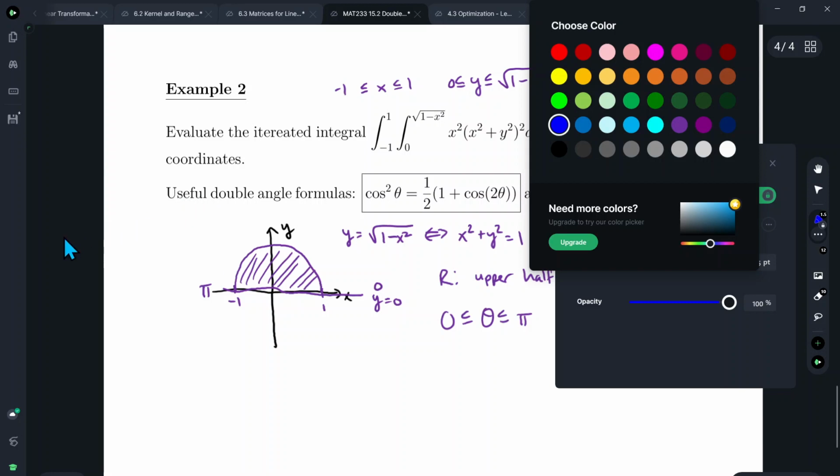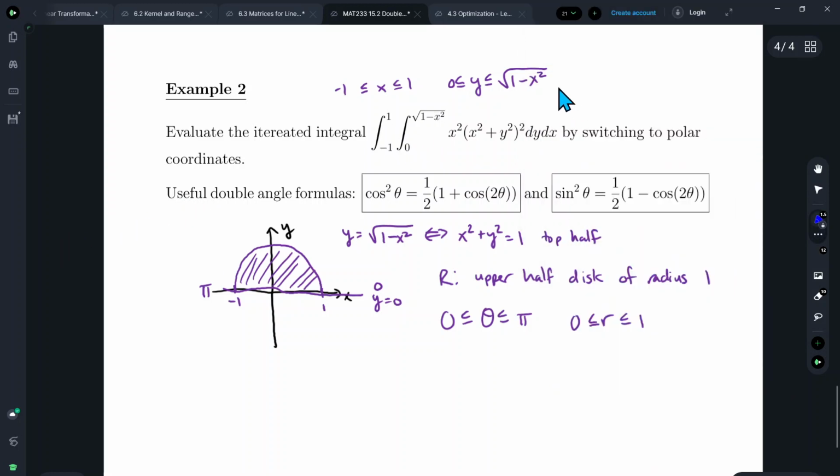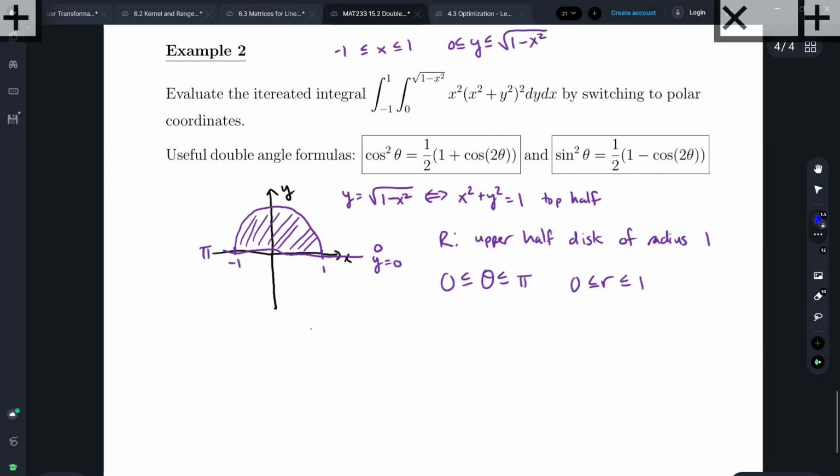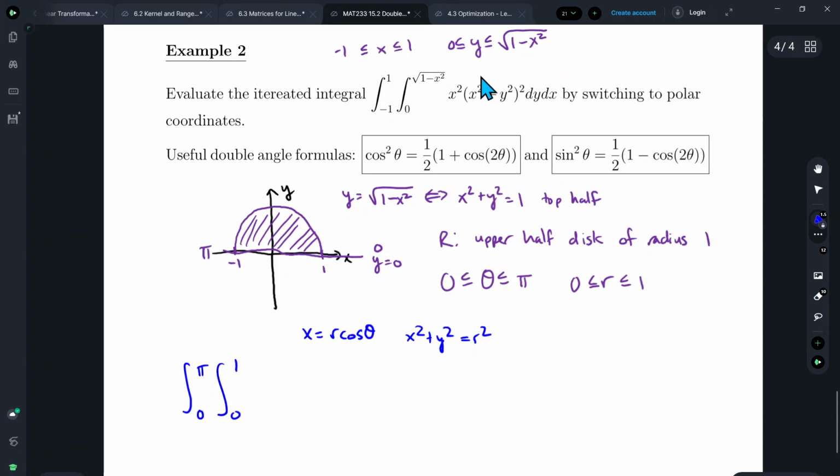And so now we're ready to convert the integral, right? So again, we have the change of coordinates, x equals r cosine theta, and also x squared plus y squared equals r squared. So now we set up the integral. So theta is on the outside, theta goes between 0 and pi, r is on the inside, r goes between 0 and 1, and then now we have to plug in the change of coordinates, right?